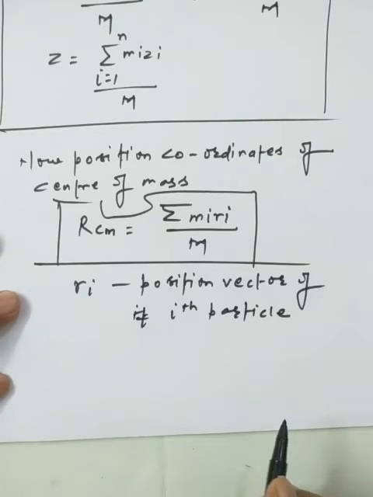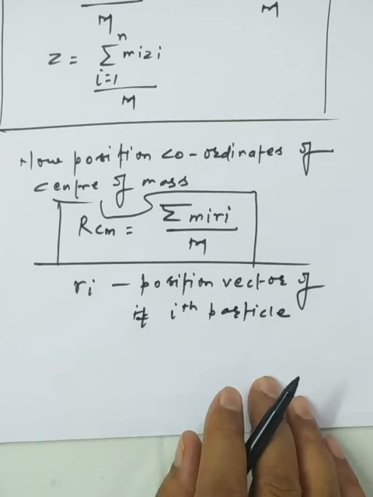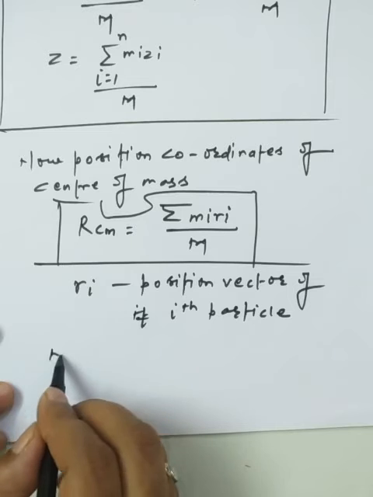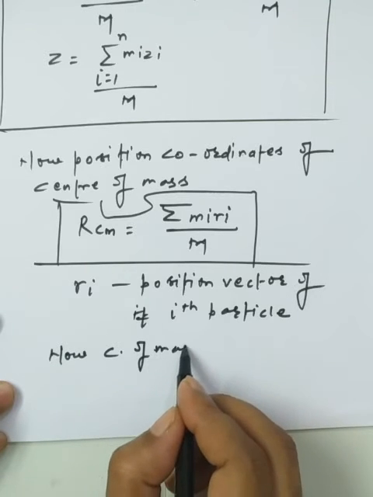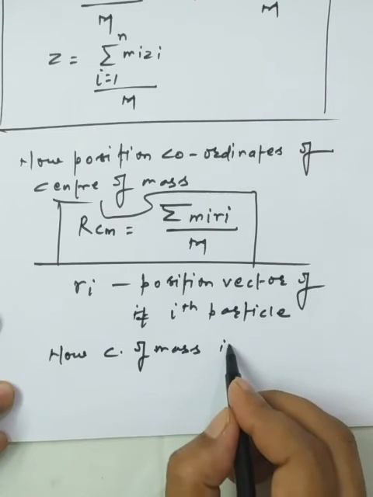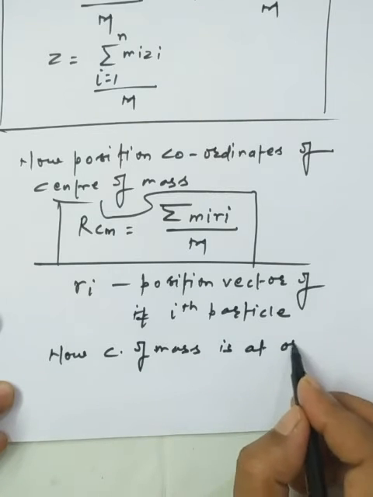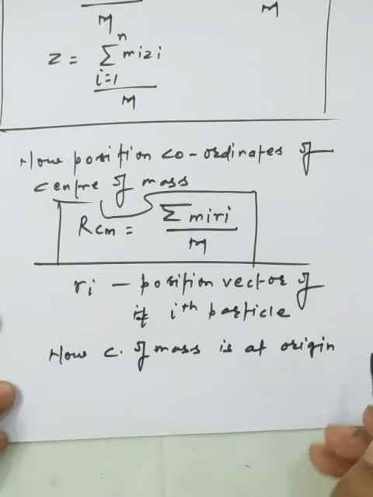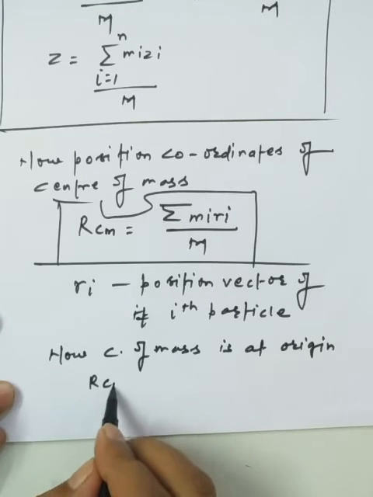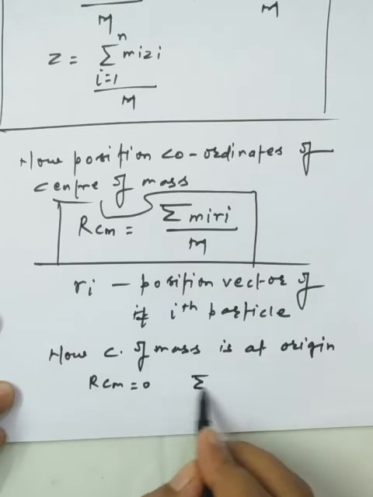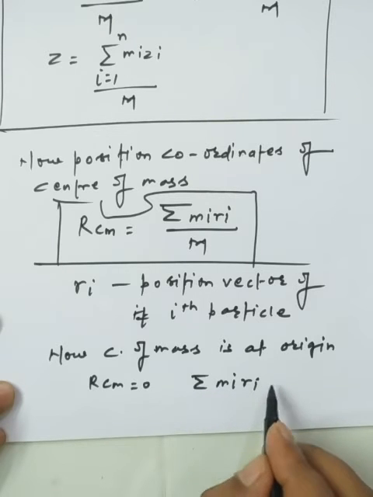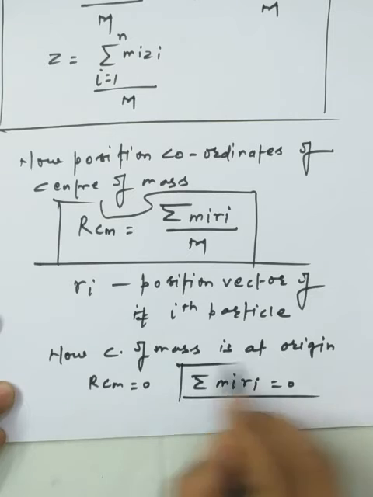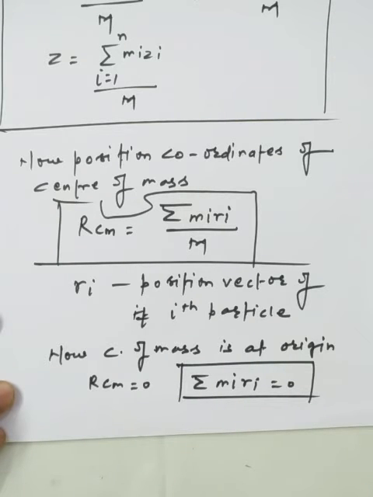Okay, now we are assuming that the center of mass of a system is considered at the origin. Now the center of mass is at the origin. So we can write easily that RCM is equal to 0. So we can easily write that summation mi ri is equal to 0. So this is one of the basic general conditions we have.